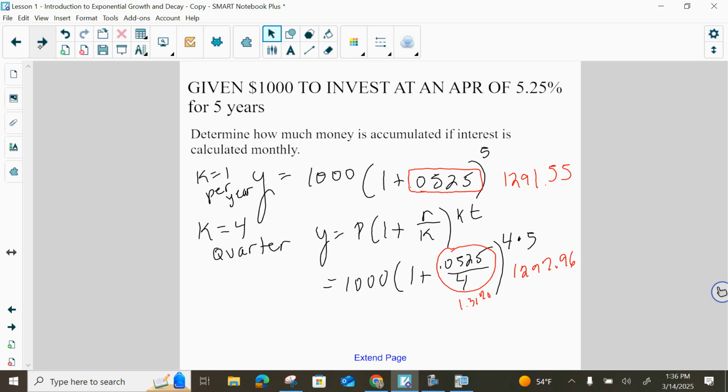Our interest rate is being cut because it's only getting it every 4 times a year. But look at what's increasing. The number of times you compound something is increasing. So you've got to realize, yeah, I'm going to get more money, but it's not going to be that much more.